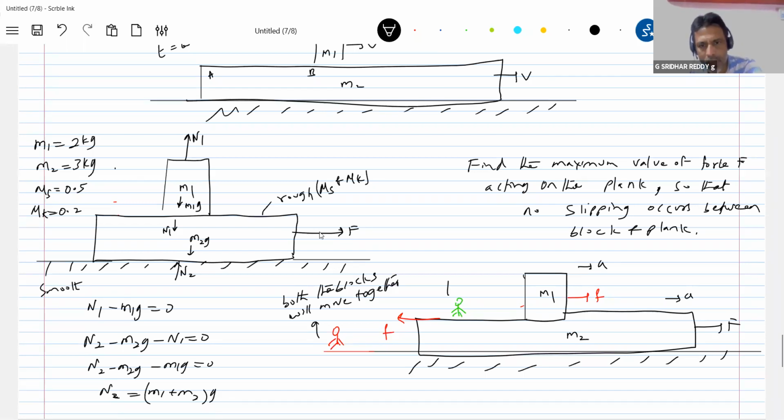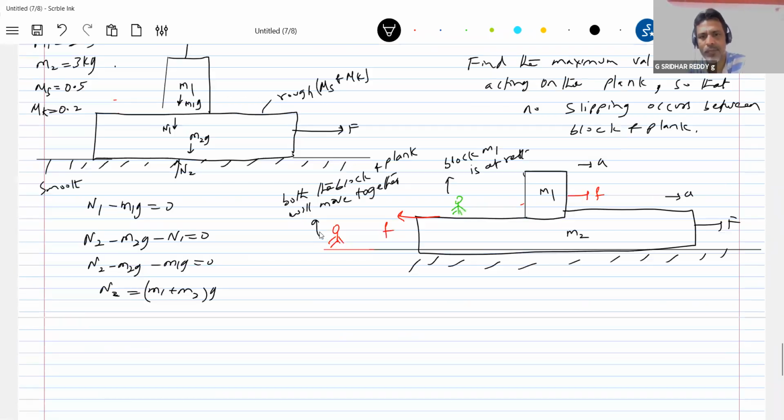What about this person? What does he say? Block M1 is at rest. Both the block and the plank will move together. That is the comment from him. Whatever this one says, this one says block M1 is at rest.